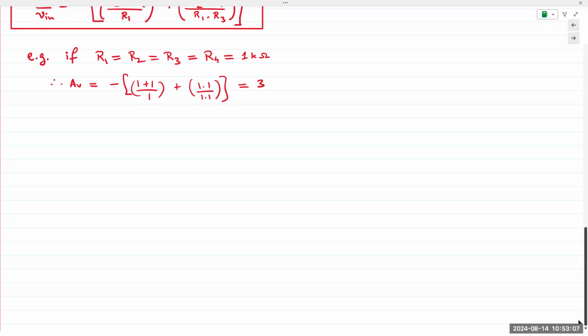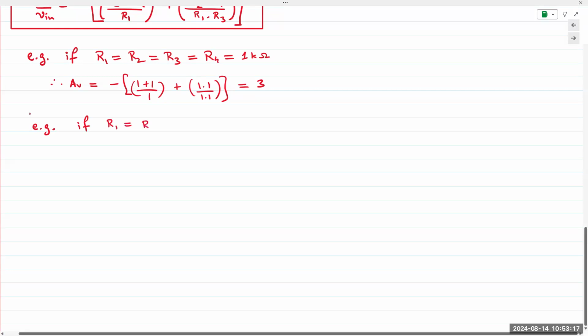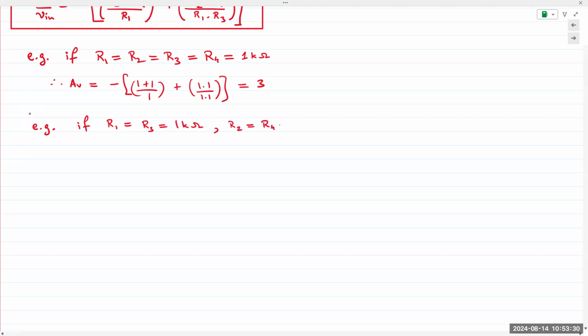In this case, for this circuit, I'll show you the advantage. Let's say R1 and R3 are equal and have a value of 1 kilo ohms, and R2 and R4 are equal, the value of 10 kilo ohms.